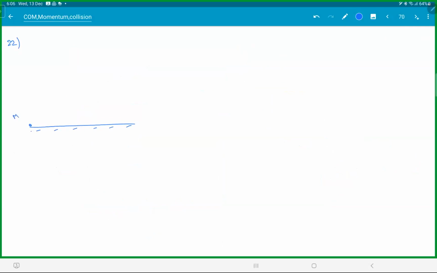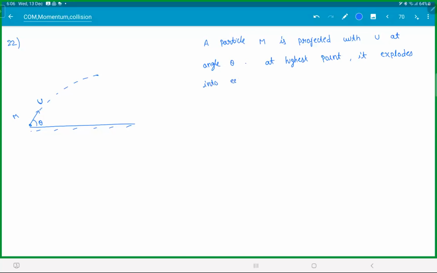A particle of mass m is projected with u and theta. At the highest point, it explodes into 2 pieces of m/2. One piece retraces the path and comes back to the point of projection.